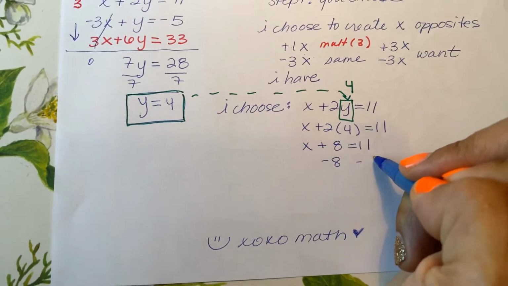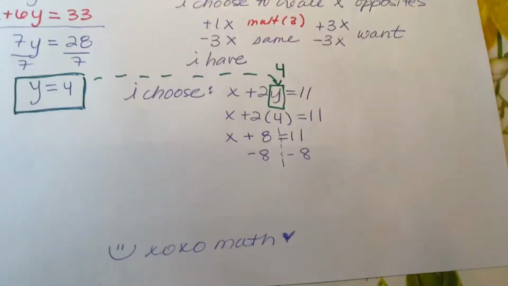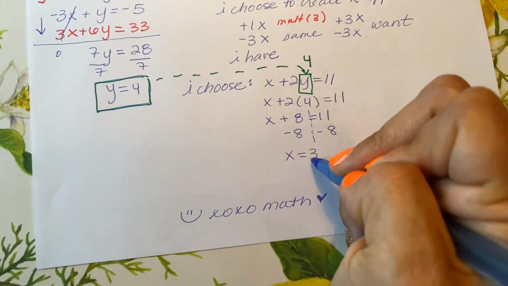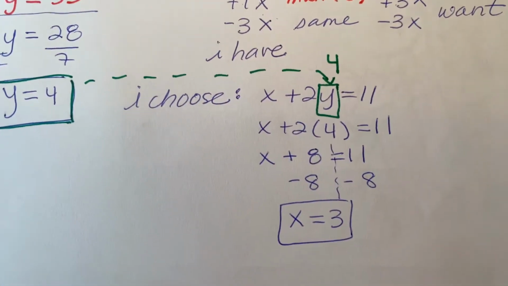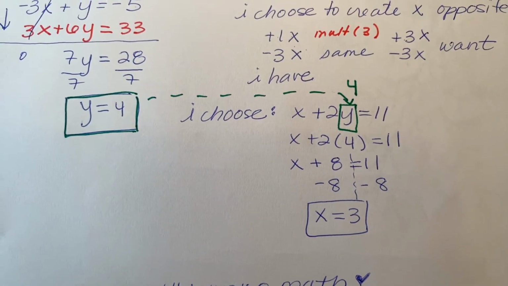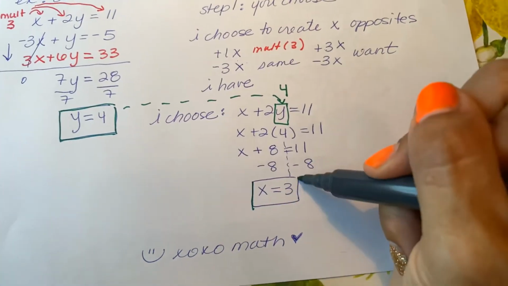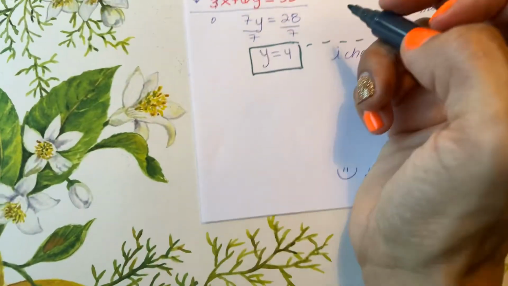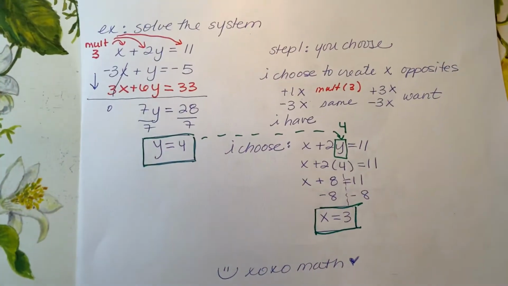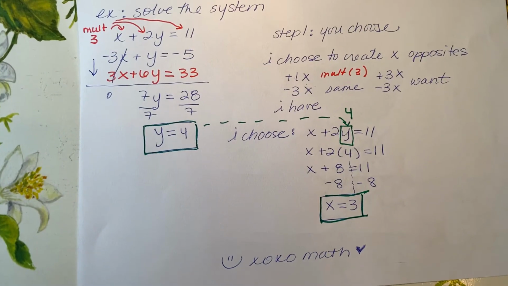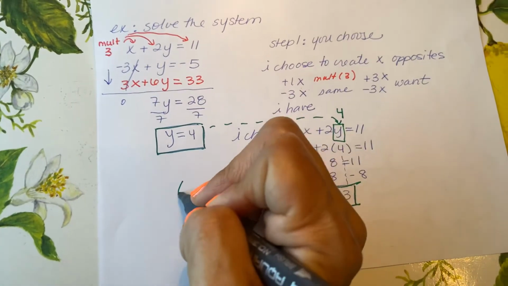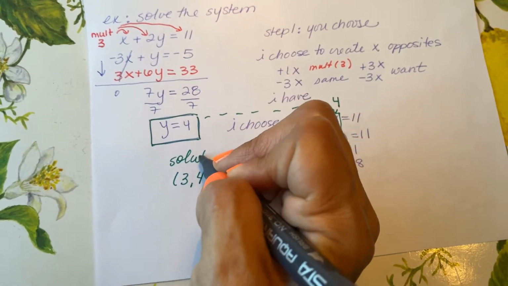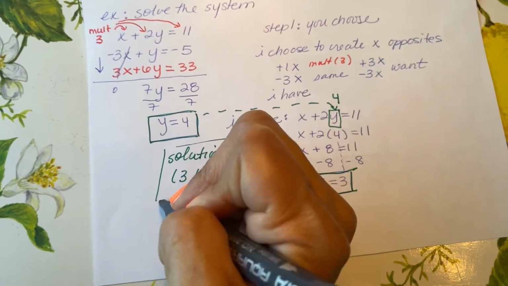Subtract 8, because here's my equal sign, so you're going to inverse operate. And so x is equal to 3. And so that is the second component to your coordinate point. So you obviously get one solution. What's my intersection point? 3, 4. And so this is my solution.